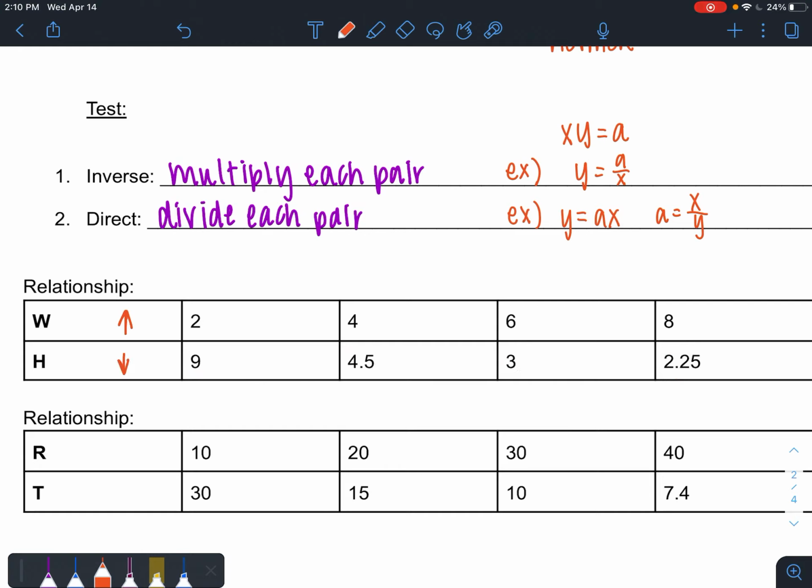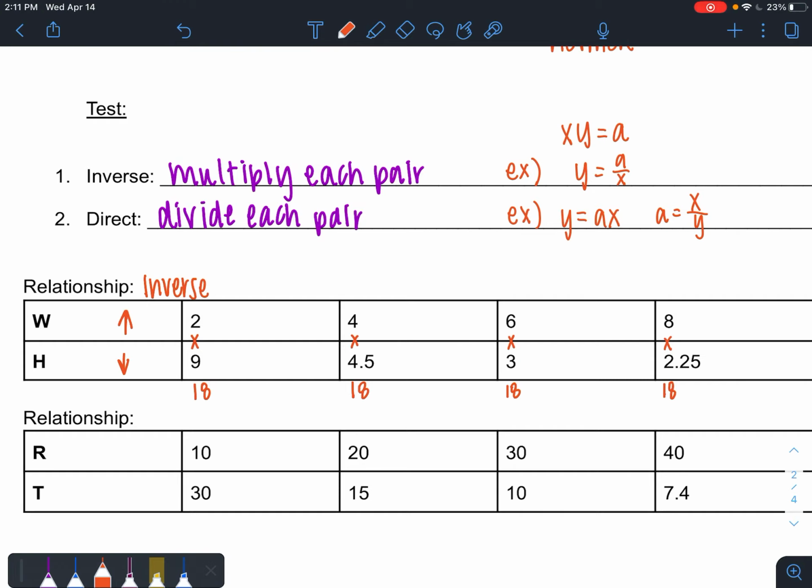Because one is going up and one is going down, their relationship is inverse. If I multiply these two numbers together, 2 times 9, I get 18. 4 times 4.5, 18. 6 times 3, 18. 8 times 2.25, you guessed it, is 18. So that's how we know they vary inversely, because we get the same number every time.